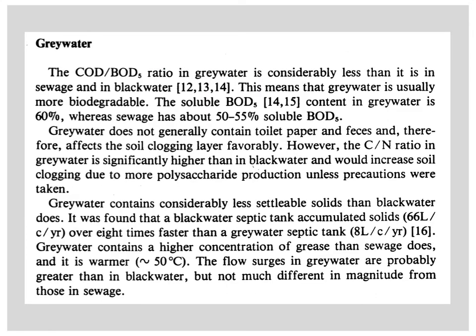If we look explicitly at gray water, we'll see that the COD to BOD5 ratio is much less than it is in sewage and in black water. Essentially, what this means is that gray water is more biodegradable. We can think about that in terms of trying to design our system. Do we have the typical relationship between the amount of black water and the amount of gray water, or do we have excess gray water for whatever reason?